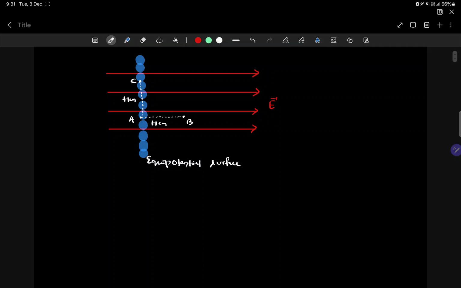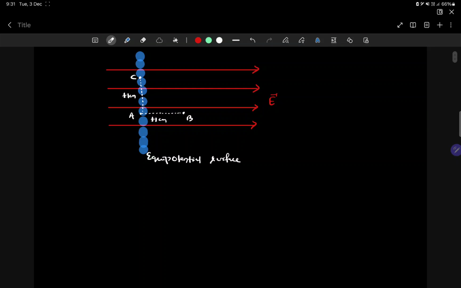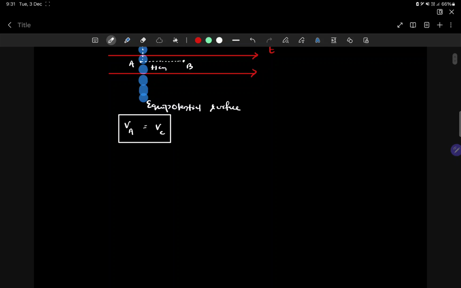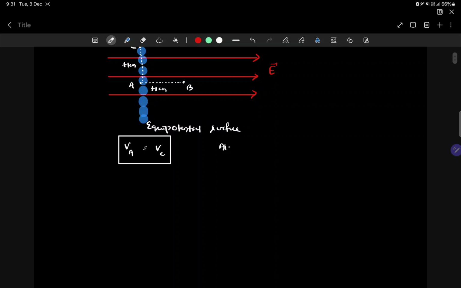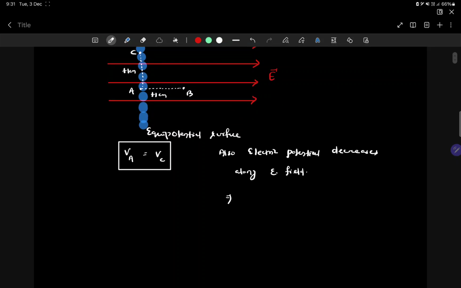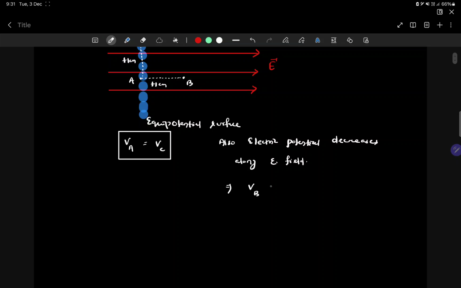As this line represents equipotential surface, potential at A is equal to potential at C, and also we know that electric potential decreases along the direction of electric field, which implies potential at B is less than potential at A.